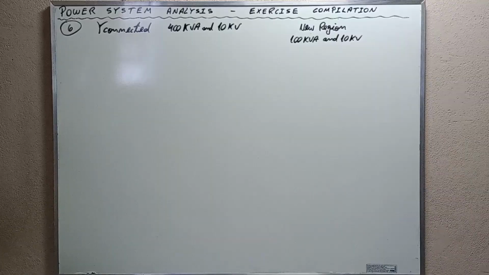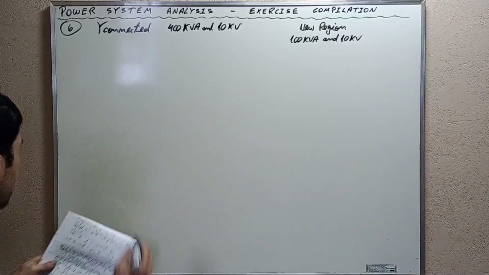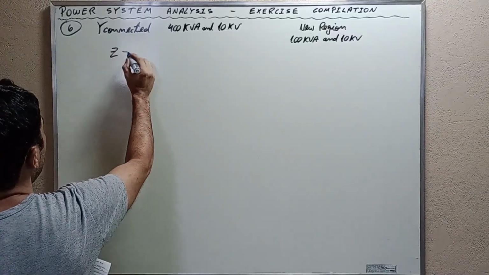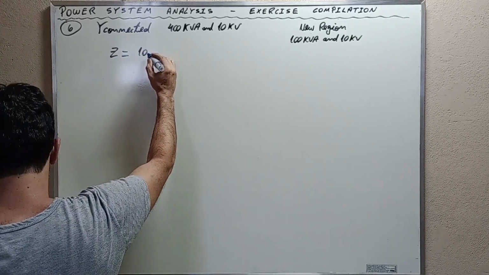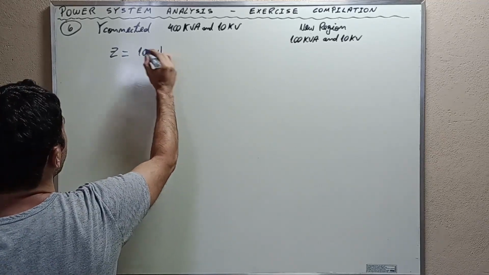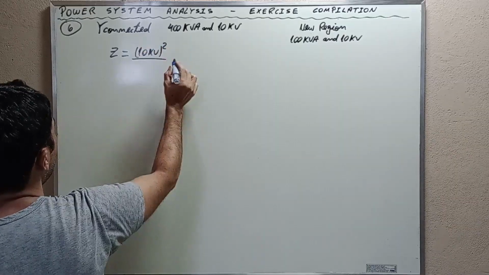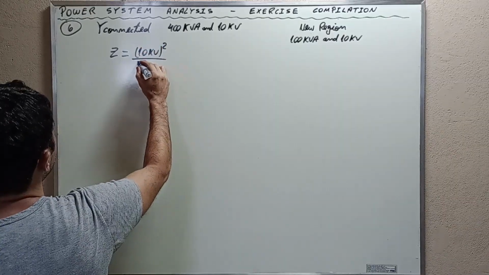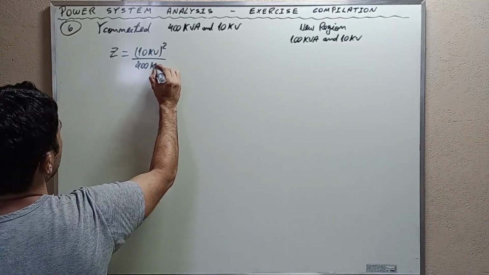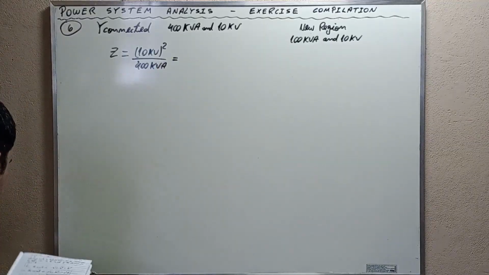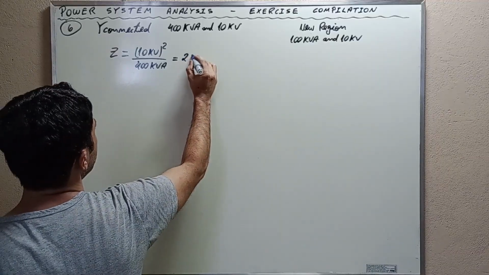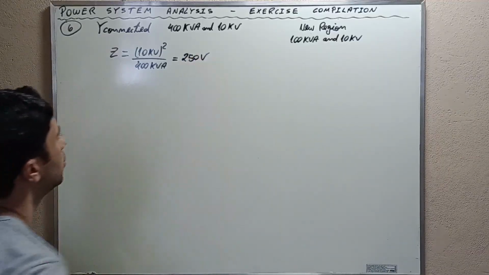The impedance of the equipment, let's calculate first the impedance of the equipment. As we did previously, it is the voltage squared divided by the apparent power, which is 400 kVA. Okay? And this gives a value of 250 volts.